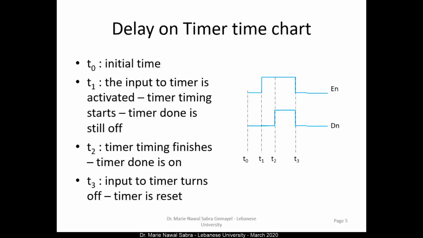So if I open the fridge, take a bottle of milk and put it back, and then I open it, even if I do that 10 times, 20 times, the alarm signal should not turn on, because the function demanded is I want to see if the fridge has been on in a continuous way for a certain amount of time. So this is the function of the delay on timer. Every time I close back the fridge, the timer resets and waits for another enable on to begin counting.